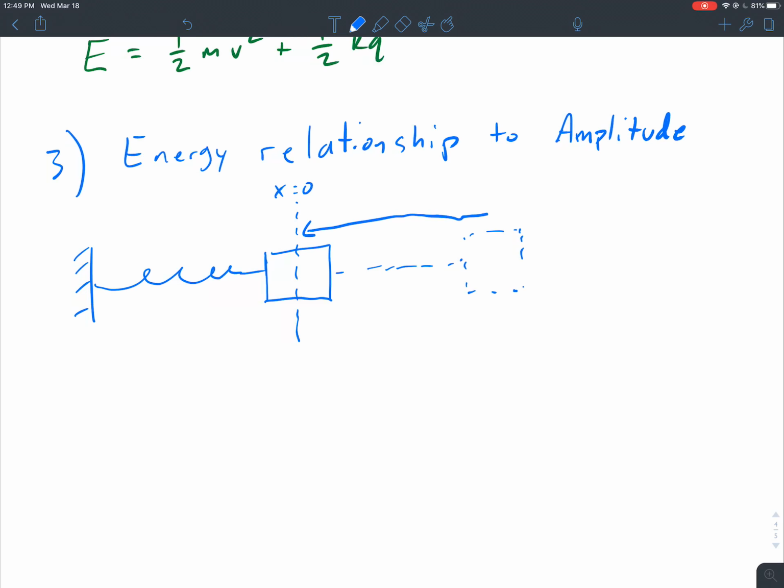So that's the maximum distance from the equilibrium, and that's going to be our amplitude. And notice we didn't talk about damping or friction yet, so we're going to pretend that over here, it's going to go that same distance, A, and it's just not going to stop. Not drawn to scale, obviously. Those A's are different sizes.